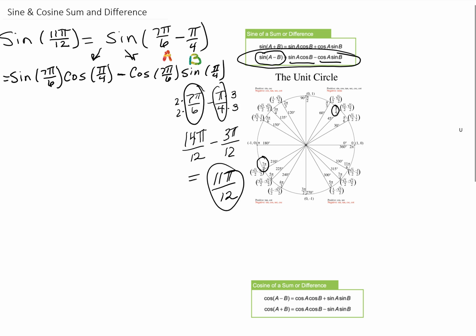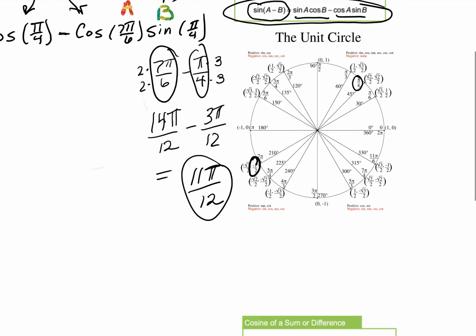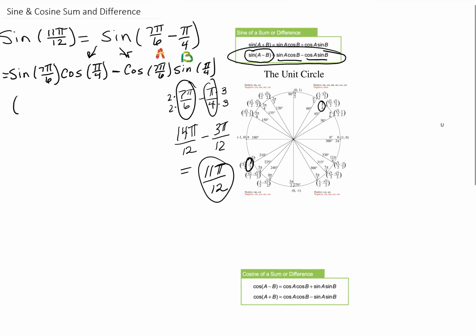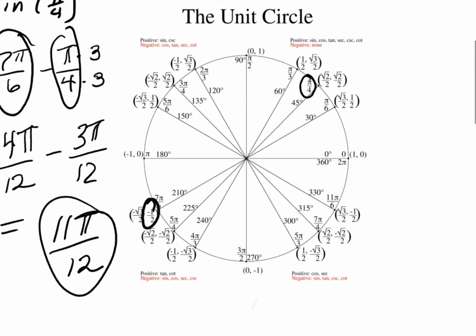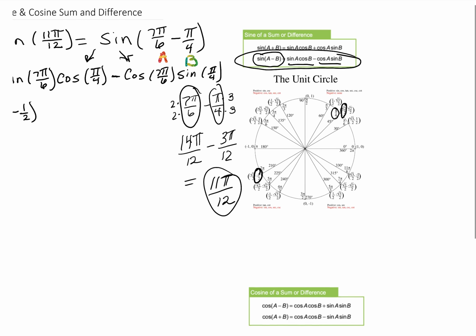All right, now these are known values from the unit circle. So if you look at sine of 7 pi over 6, that's this right here, negative 1/2. So I'm going to write that in, negative 1/2. And then the cosine of pi over 4 is this right here, which is the square root of 2 over 2.